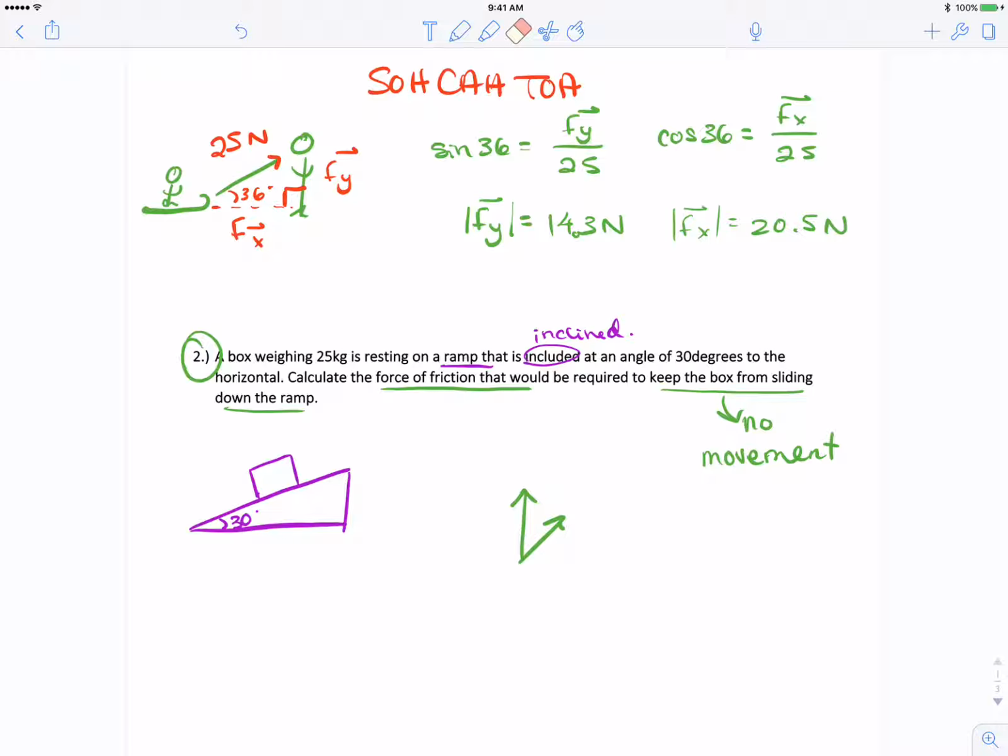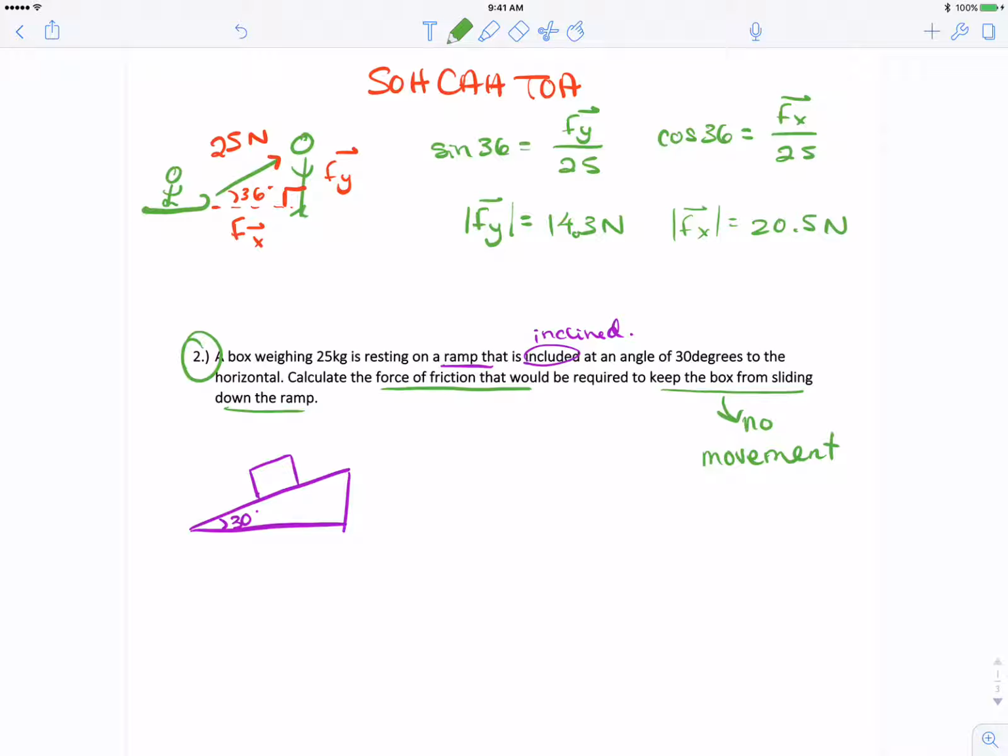I need all of my forces in a triangular way, because I want them to cancel out. I don't want the box to go anywhere. The box is sitting there, so I want all the forces acting on this box to align in a triangular way.